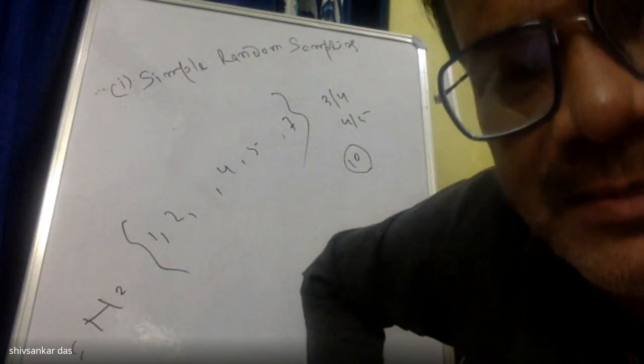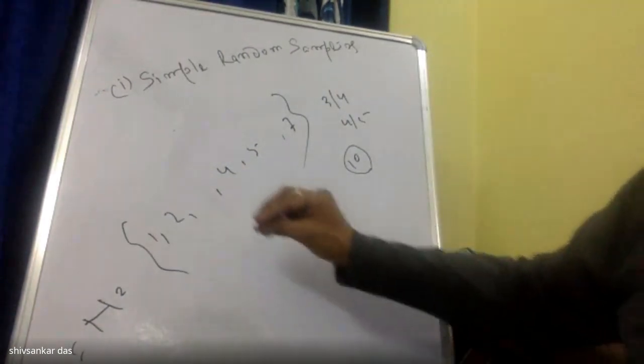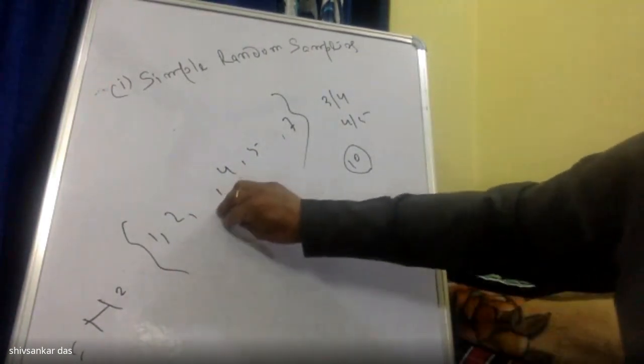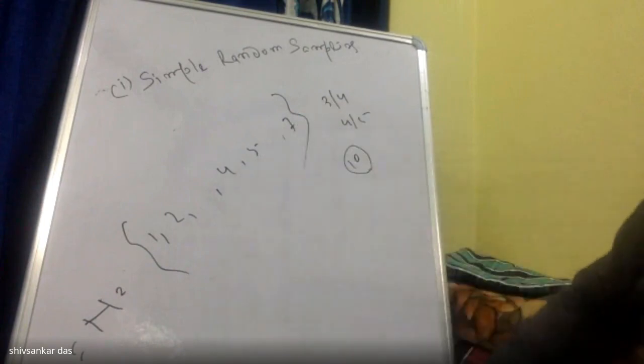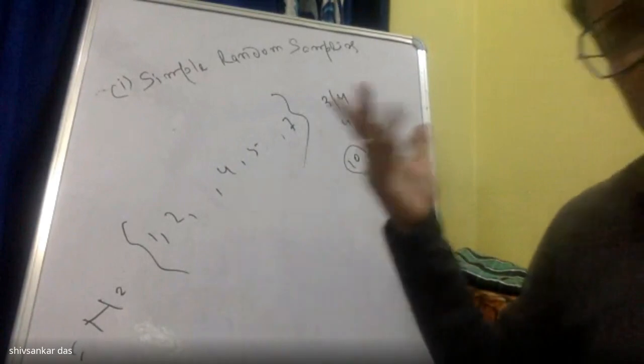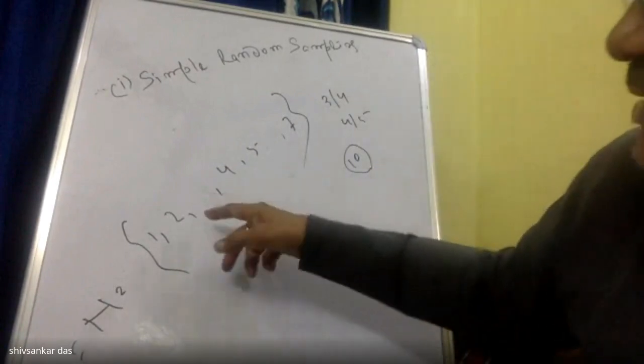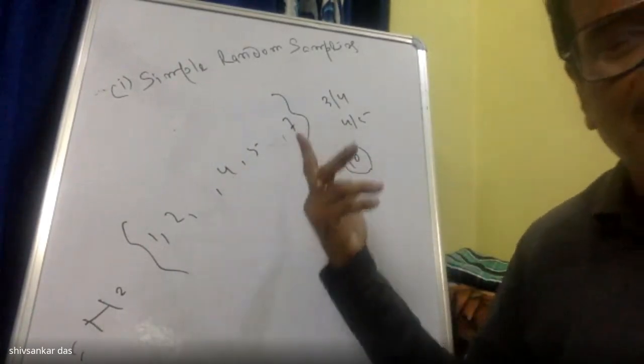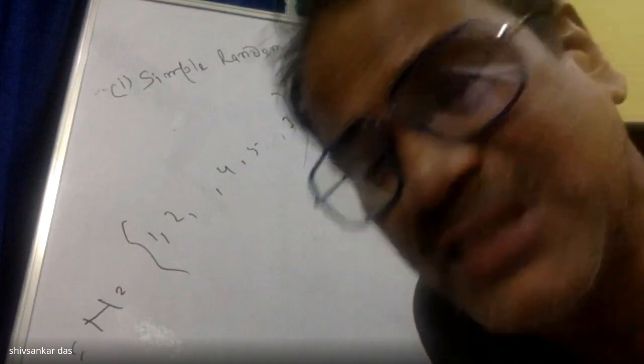If I make a chit of 1, 2, 3, 4, 5, 6, 7, then I ask somebody to draw the chit. Of his own will, he might draw chit 2 or 3, whatever it is, depending upon the sample size.